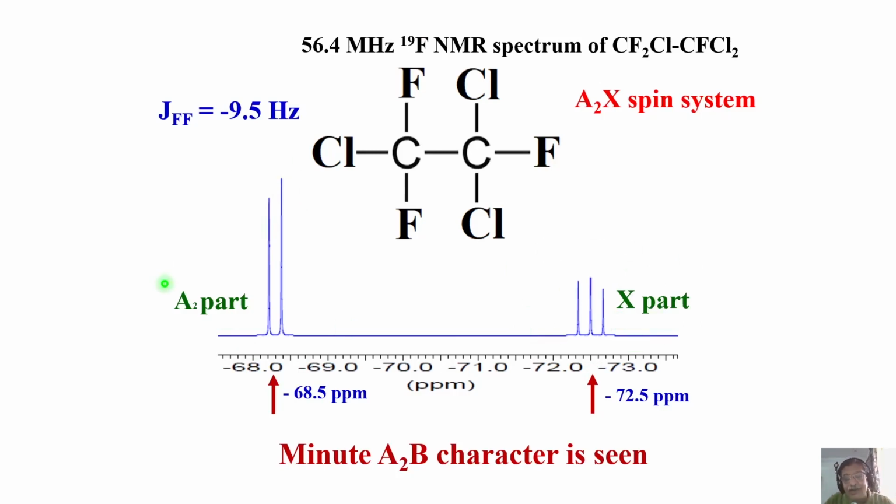But if you carefully observe, it is not just A2. See, this central line is split into small doublets. It is not exactly overlapping. In principle, when the A2 are perfectly equal, this should be a triplet. See that, it is not a triplet. There are 2 doublets. The central peak does not overlap. That means the couplings are not exactly equal. So there is a minute AB character also seen here, not AX. Nevertheless, first order analysis is still feasible here.